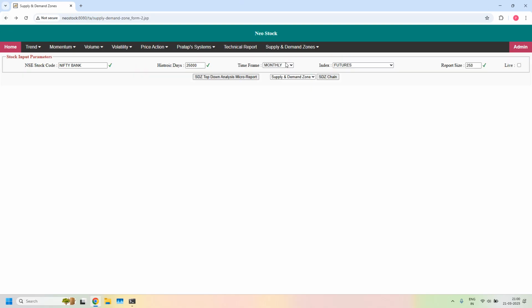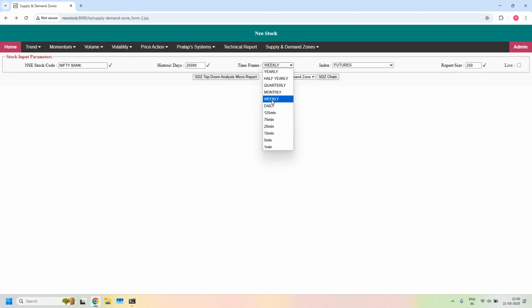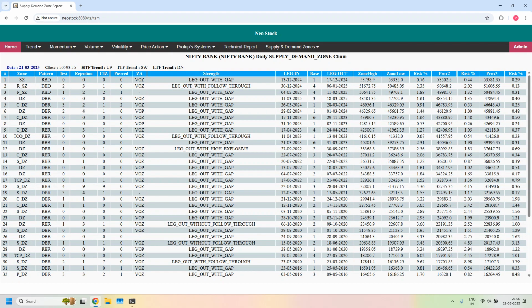Okay, next, weekly supply demand zone chain for Bank Nifty. Next, daily supply demand zone chain for Bank Nifty.